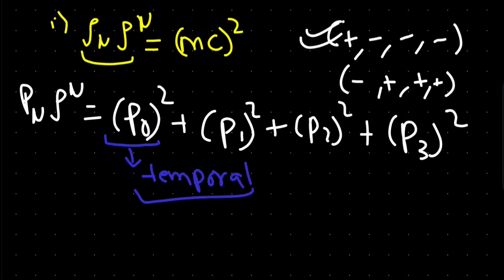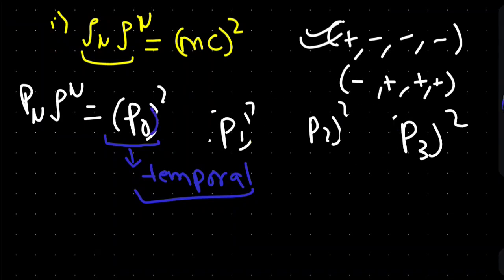Sorry, I haven't placed the minus sign here, because this is our sign convention and we should write it here. So here it should be minus, minus and minus. So this is the sign convention.